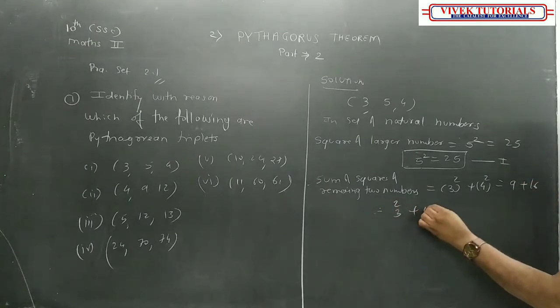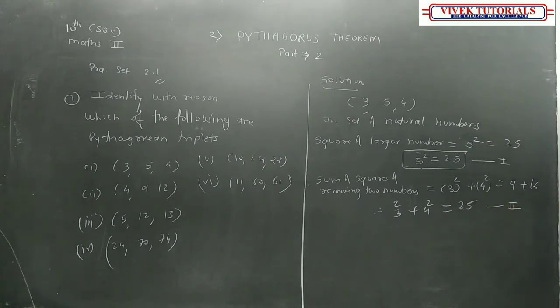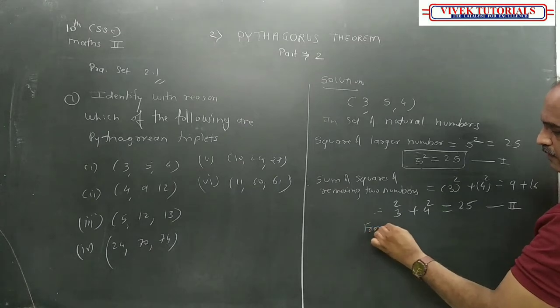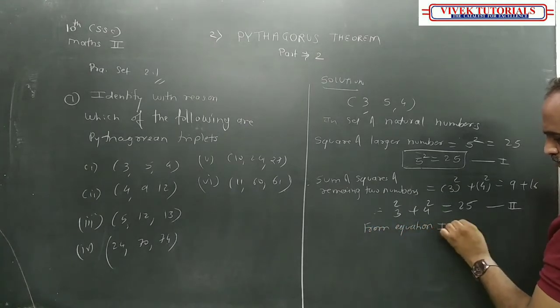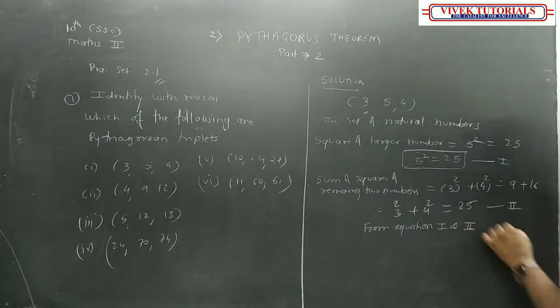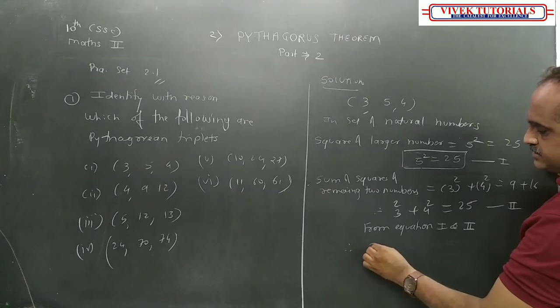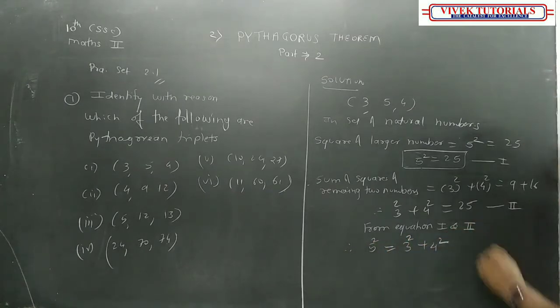Therefore, 3 square plus 4 square is equal to 25, equation 2. So, from equation 1 and 2, what I can write is 5 square is equal to 3 square plus 4 square.